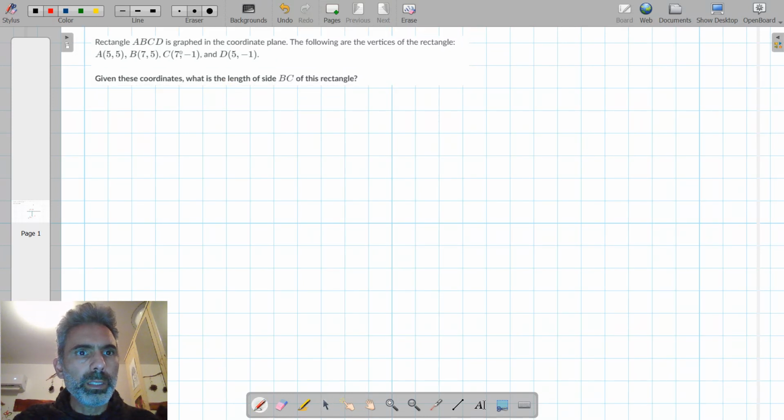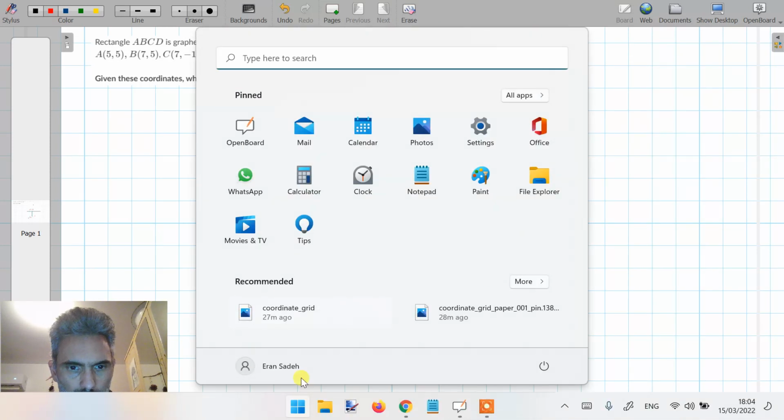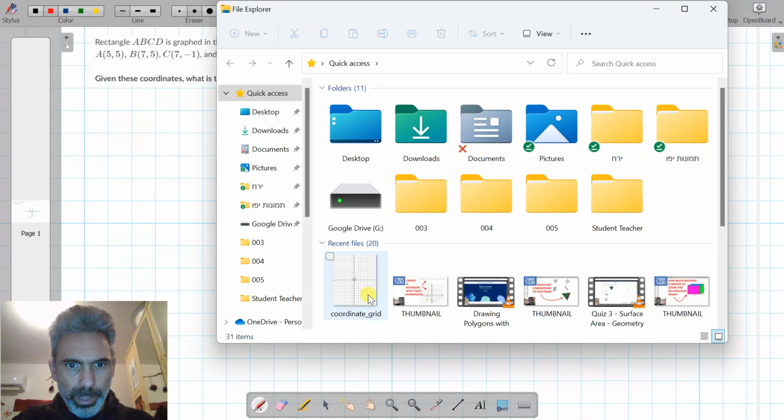Rectangle ABCD is graphed in the coordinate plane. Following are the vertices of the rectangle. Okay, so let me grab a grid of the coordinate plane.